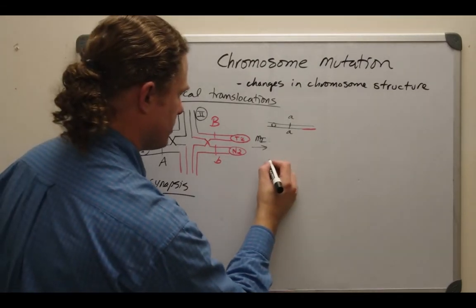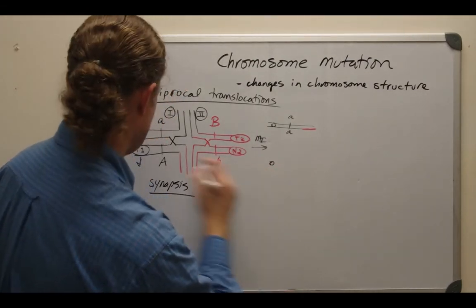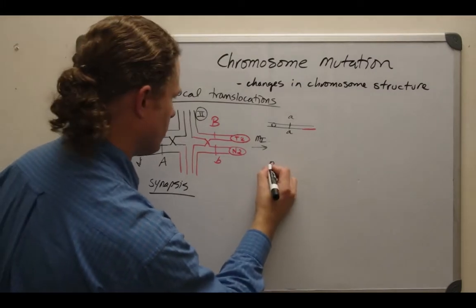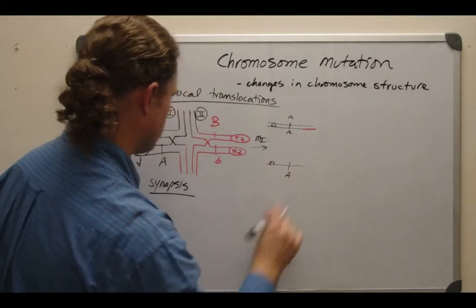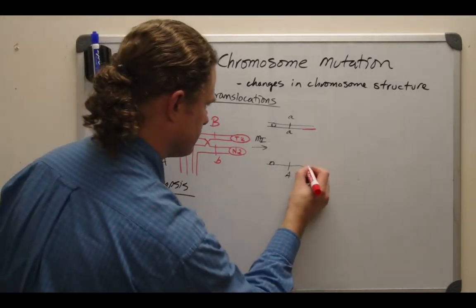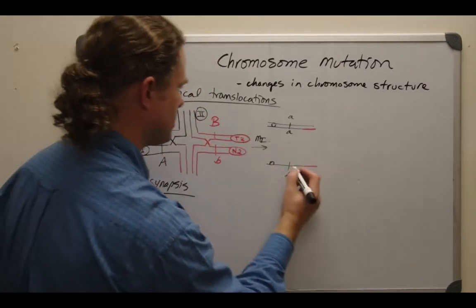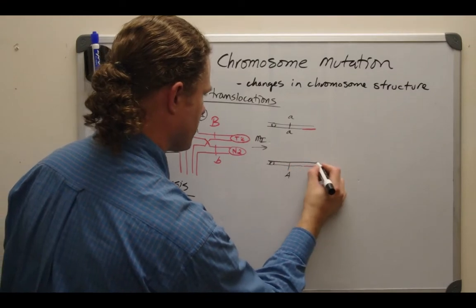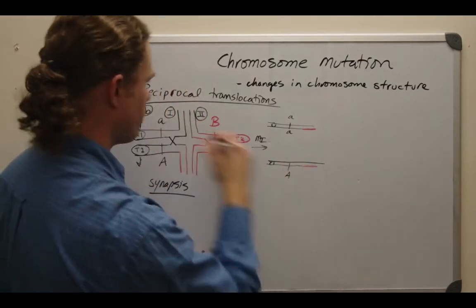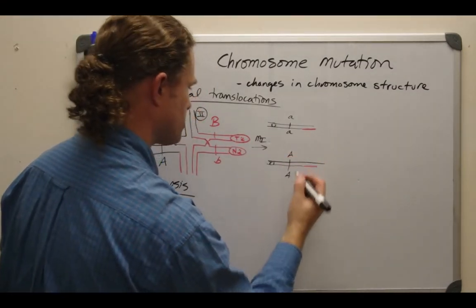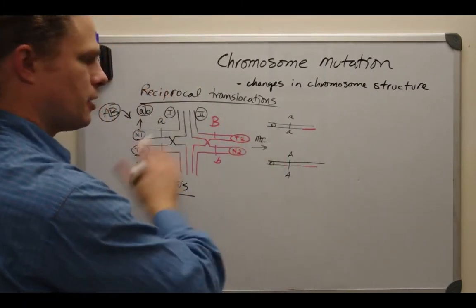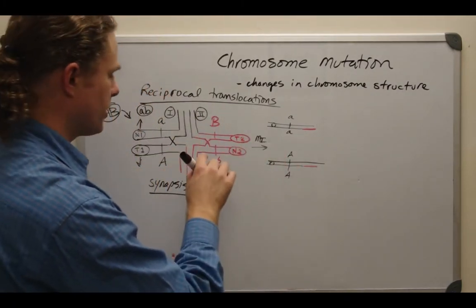Down here in the other cell, we have the lower chromatid, which was not involved, which has a big A allele on a translocated structure, and also has the normal structure now with the big A allele on it as well. So that's what's going on the one side for the one chromosome pair.